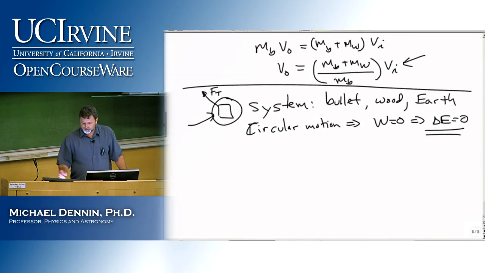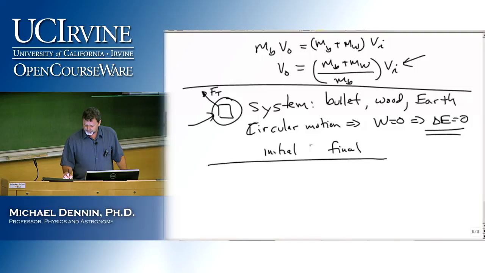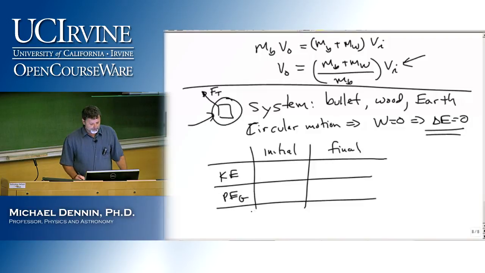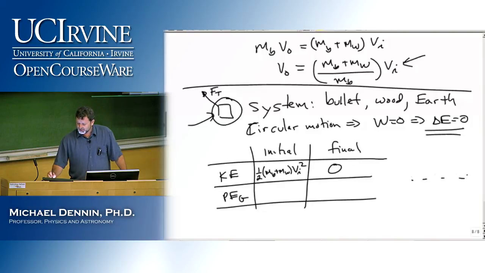So now we make our little table of initial and final. We only have our two energies, kinetic and potential energy of gravity. Our initial is 1/2 the sum of the masses times V initial squared. Our final is 0 because it stopped. We will take h equals 0 to be where the collision occurred.